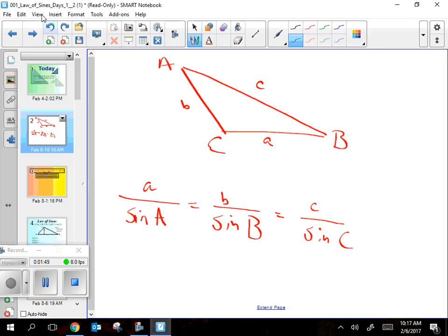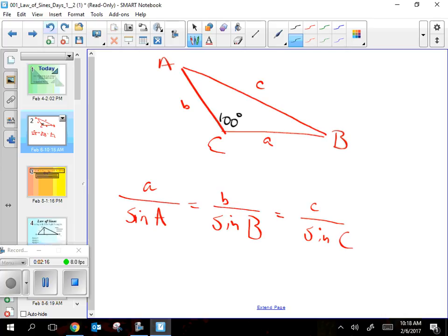Okay, so now how do you use this thing? Imagine for a moment that the way I drew this thing, this is 100 degrees. Do you get, in a triangle, it has to add up to 180. Could you have two angles that are bigger than 90?